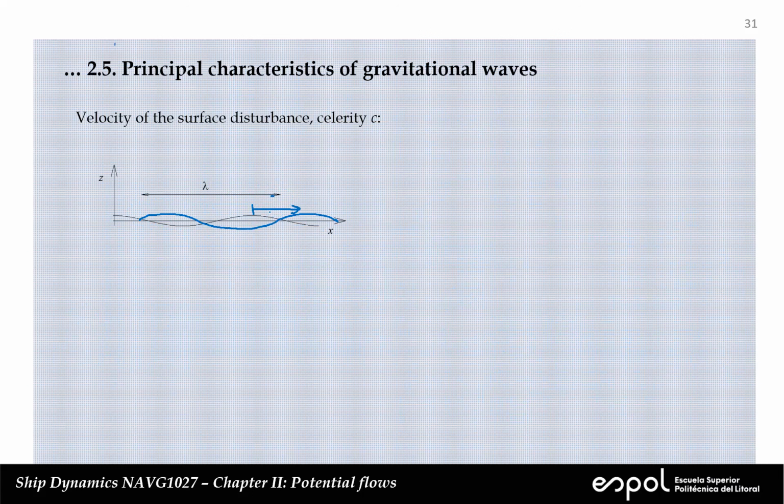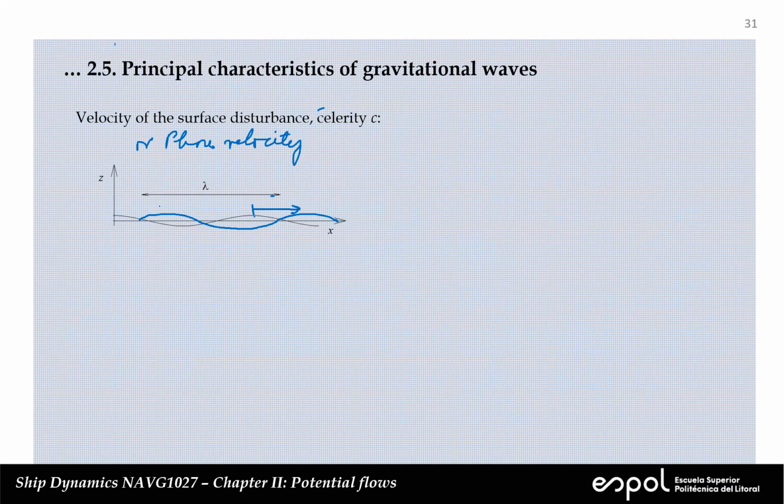And this ratio of how this moves to the right or to the left is what we call the celerity. In some cases, they call it phase velocity. Now, how do we calculate it?